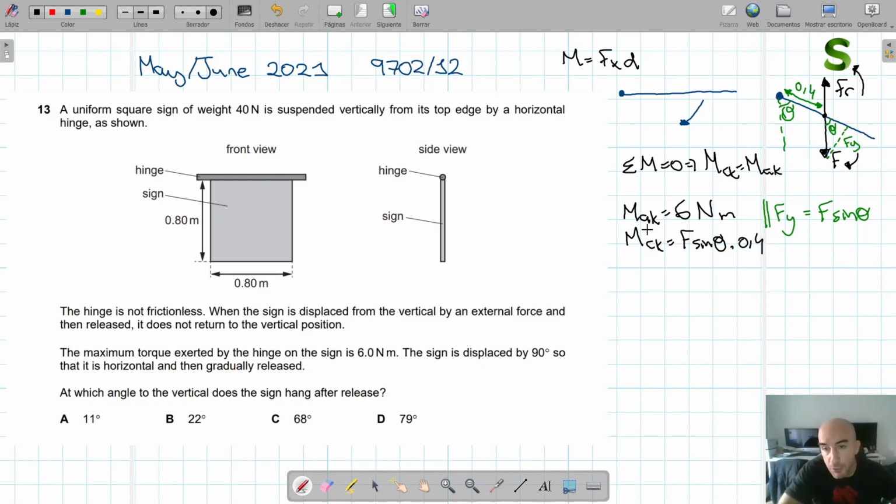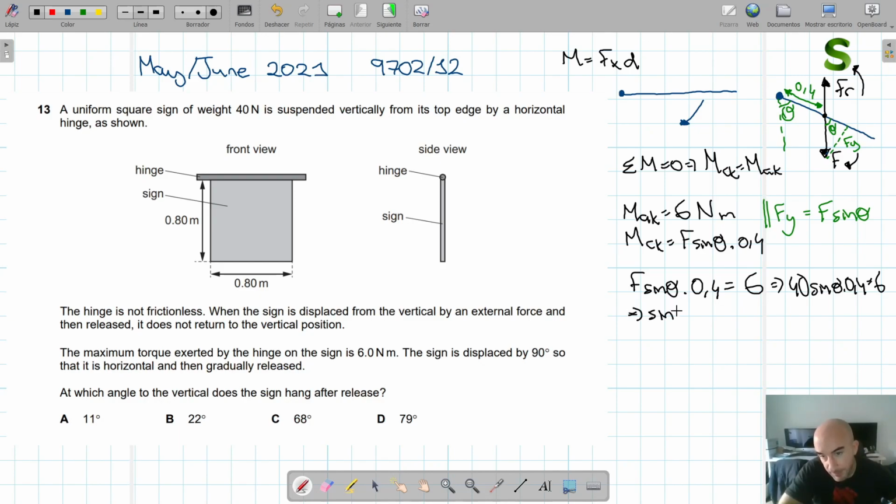In order to be in equilibrium, when it stays there, both have to be the same. So F sine of theta, F is the weight, times 0.4 equals 6. The weight is 40 newtons, so we have 40 sine of theta times 0.4 equals 6.